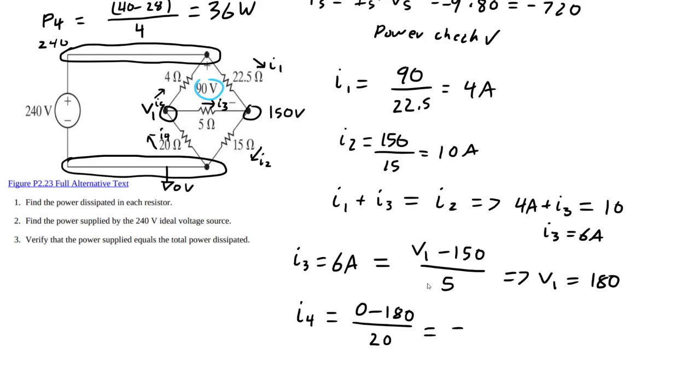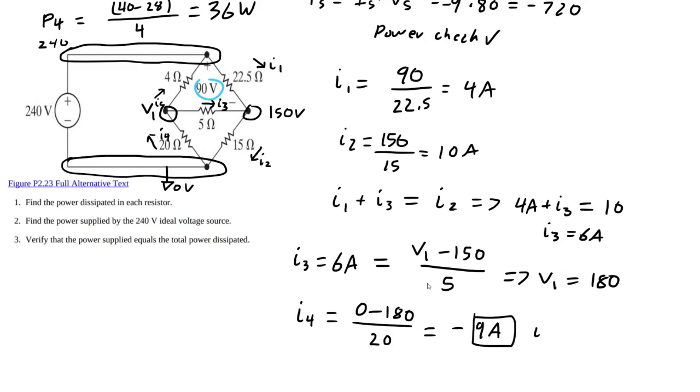That's going to equal minus 9 amps. So that means that, in fact, I4 is flowing this direction, but we drew the arrow that way, so it's minus. All right. So the magnitude of the current is 9 amps, which is the important part for calculating the power.